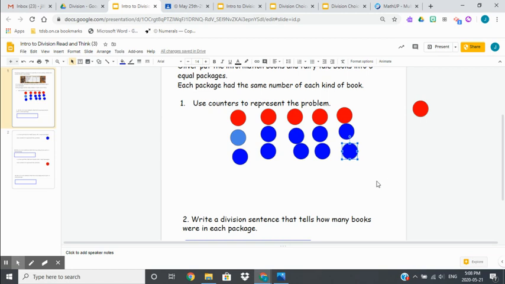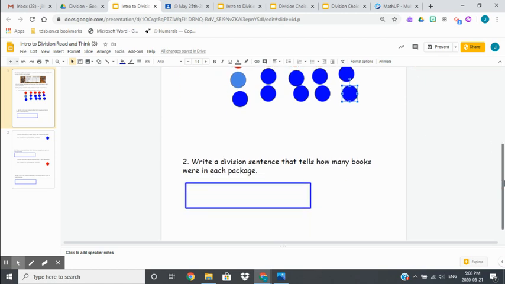The next thing I'm going to have to do is write a division sentence that tells how many books were in each package. Okay, so one of the things I'm running into right now is that I'm looking at my keyboard and I'm seeing that we don't have a division sign.